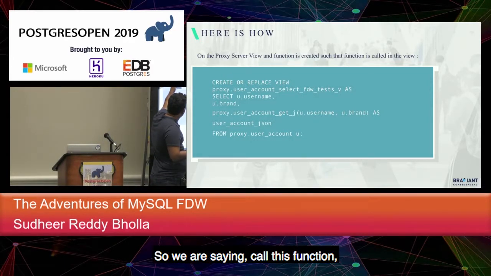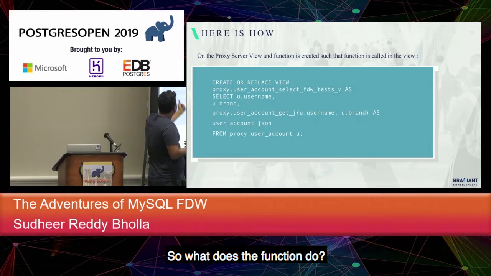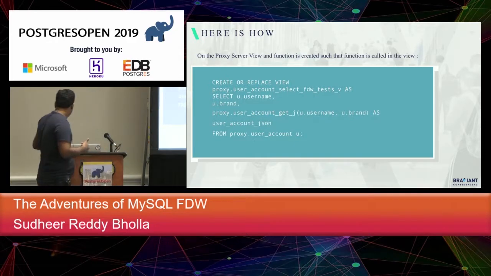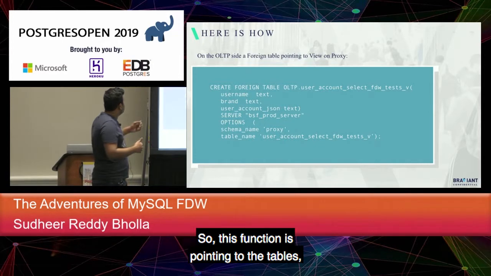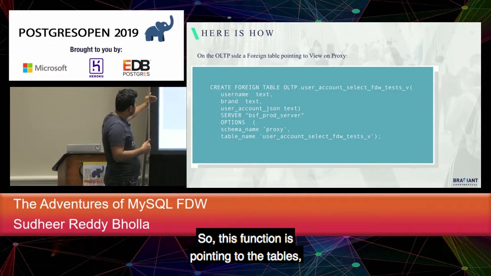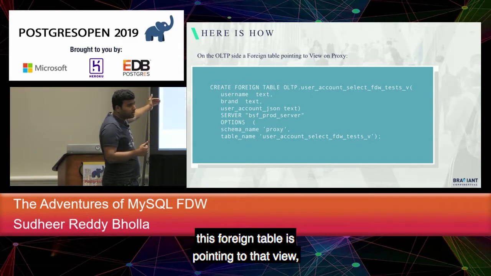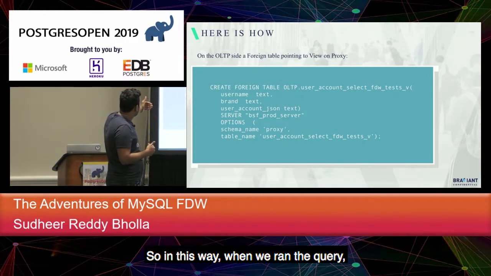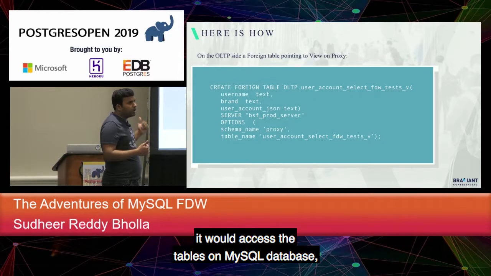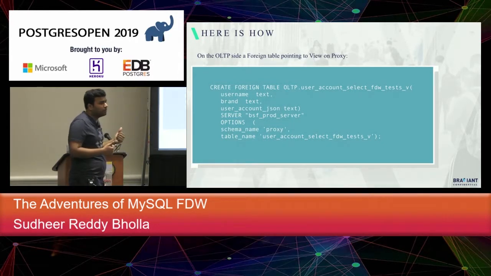So we are saying call this function using the values from these two columns. So what does the function do? This foreign table is pointing to that view which is in the proxy server. So in this way, when we run the query, it would access the tables on the MySQL database and pull the data for that one record.